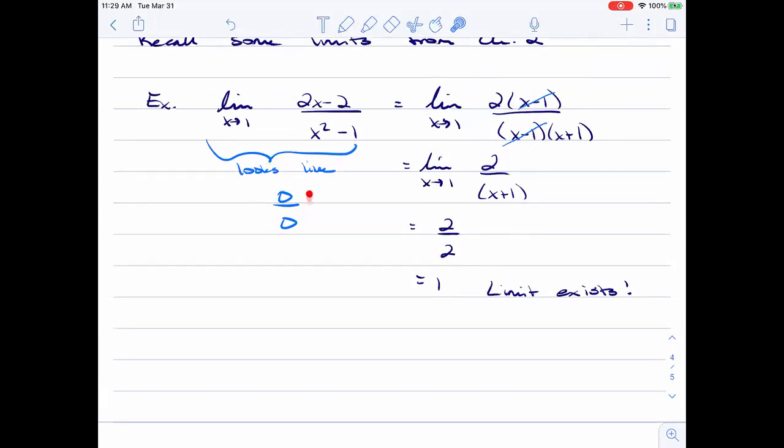What we're introducing here is if we have something that looks like this, 0 over 0, and I'll show you another example that also works, then we can use L'Hopital's rule.